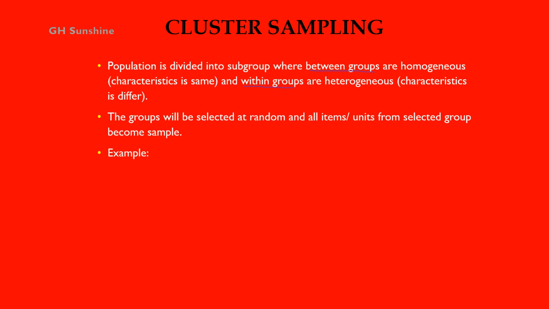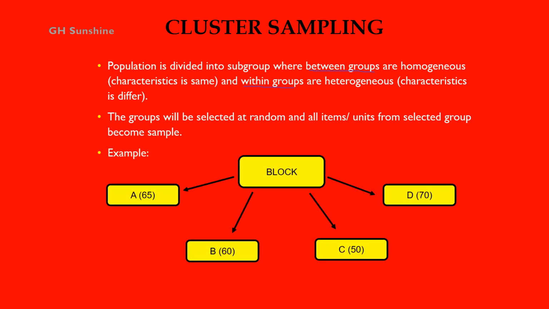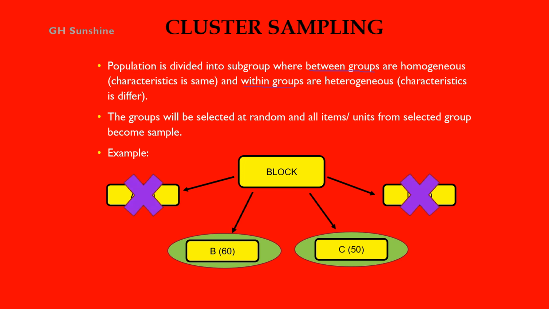So let's look at this example. So let's say there are 4 blocks A, B, C, D. The researcher wants to use the cluster sampling technique. For example, he just chose only blocks B and C. Therefore, blocks A and D are automatically out of the survey.